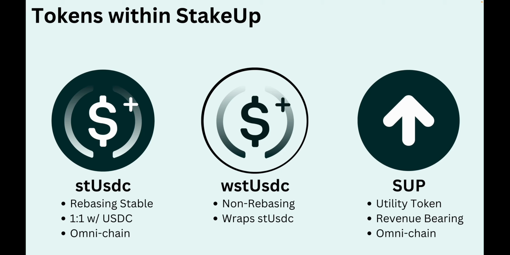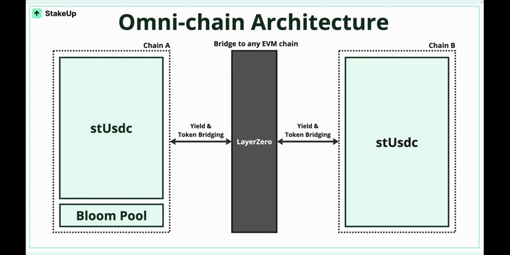There will be a total max supply of 1 billion SUP tokens, and stakers of this token are entitled to 100% of the revenue of the protocol. Layer 0 empowers the omni-chain capabilities of STUSDC. All yield and token bridging occurs directly within the smart contracts of STUSDC, allowing the protocol to not rely on external parties besides Layer 0.